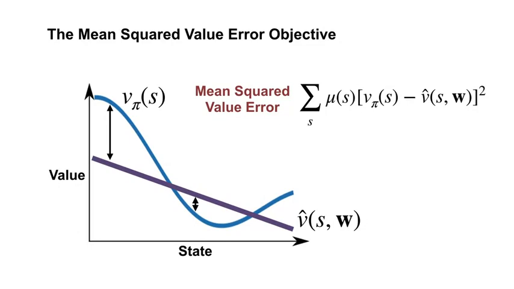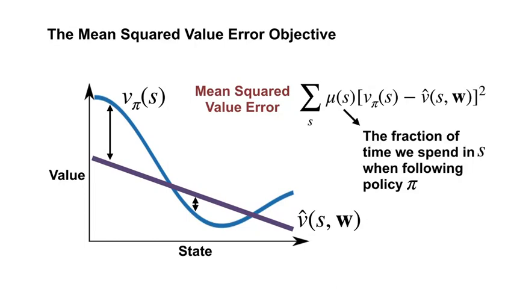Back to mu. What should we pick for mu of s? Remember, mu of s should tell us how much we care about each state. A natural measure is the fraction of time each state is visited under the policy. That means we want to minimize the average value error for the states we visit while following pi.